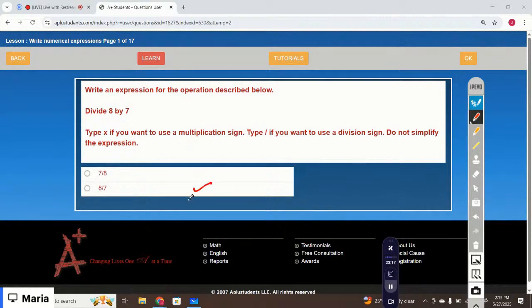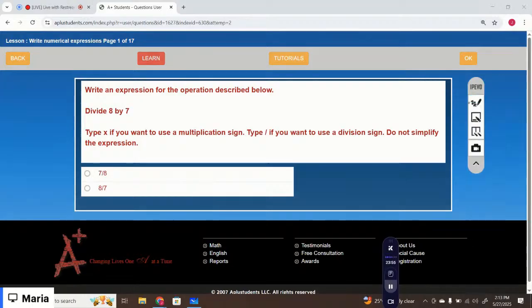So option number 2 is the correct option, that is 8 divided by 7.